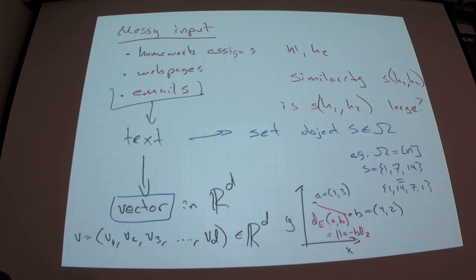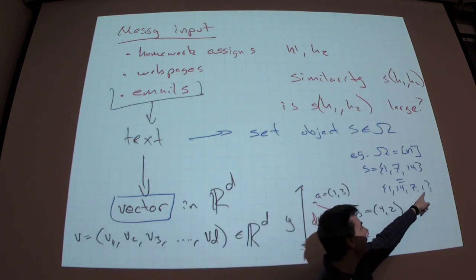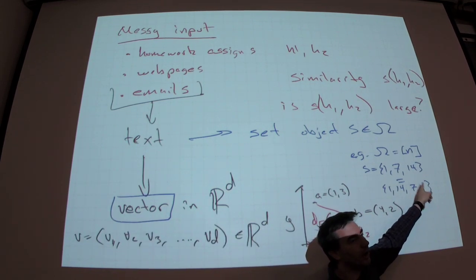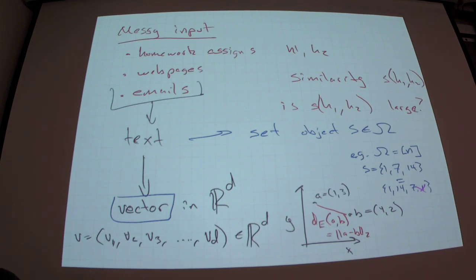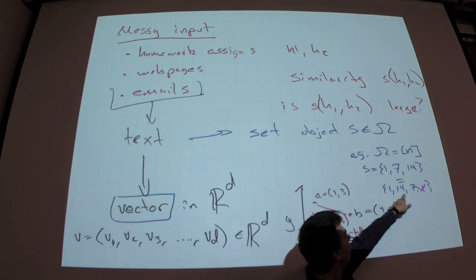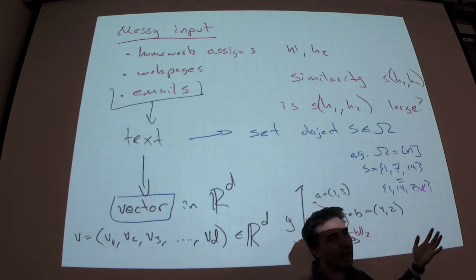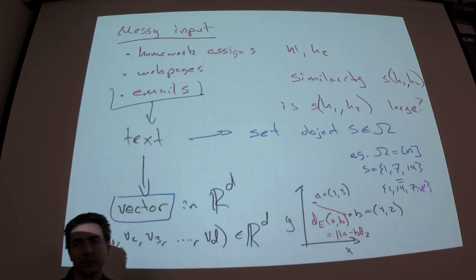And I can even put a 1 here. I probably wouldn't put this extra 1, but it is equivalent. I don't count the number of times, I just count which distinct elements are present. So the ordering doesn't matter, and it doesn't count things twice. I just see if it's present or not.